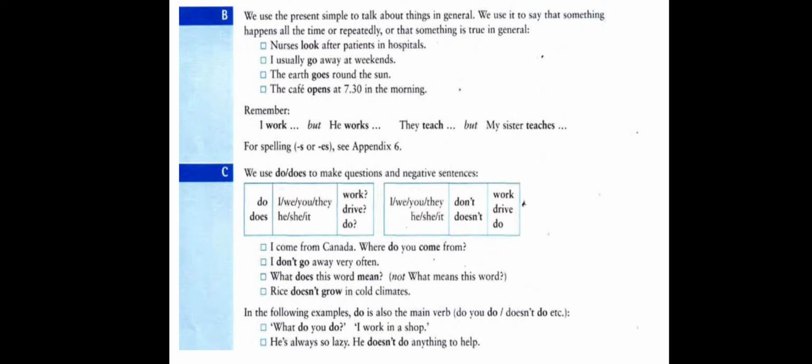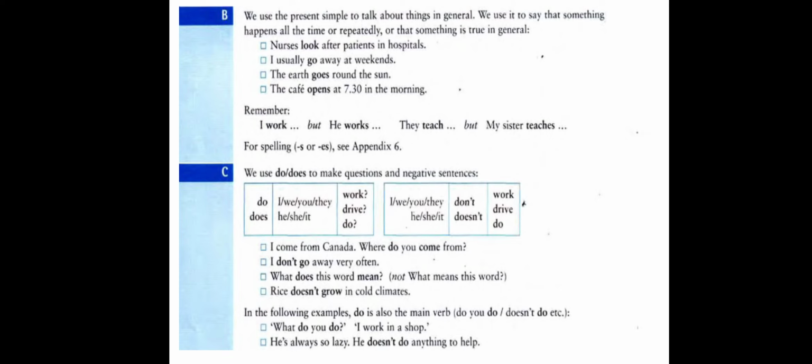I come from Canada. Where do you come from? It becomes like this. Where do you come from? We first form a yes or no question. You is plural, so we use the helping verb do.